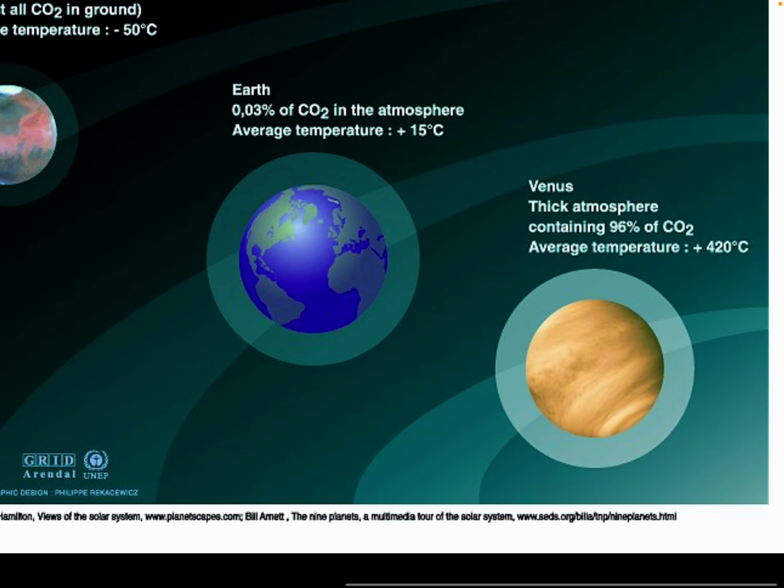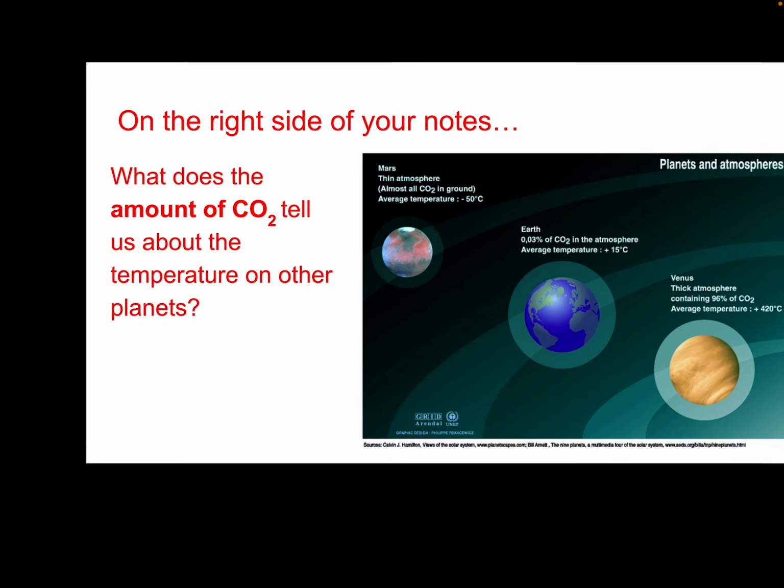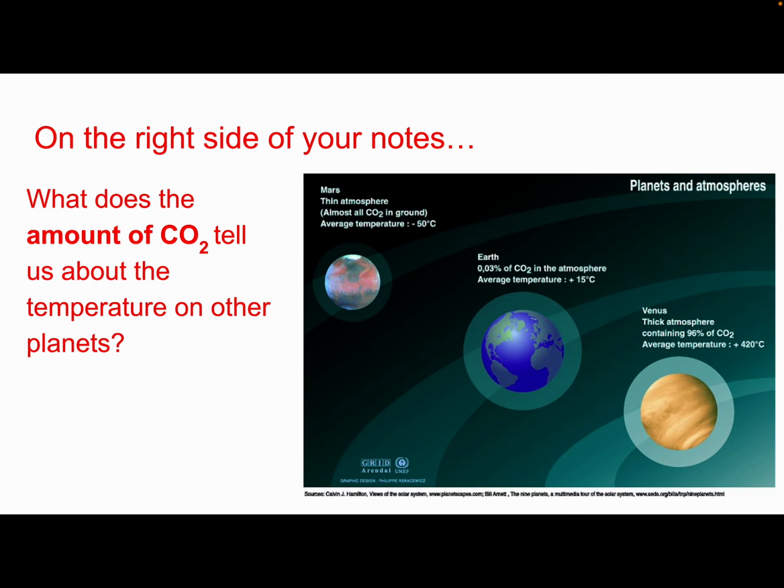Here's Venus. It's got a thick atmosphere. 96% of the atmosphere is carbon dioxide. A lot of greenhouse gases. Average temperature 420 degrees above zero. So we can see how that CO2 plays a direct role in how hot the planet is. So go ahead and answer that question on the side of your paper.